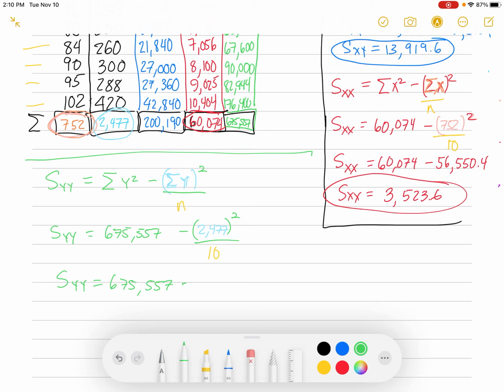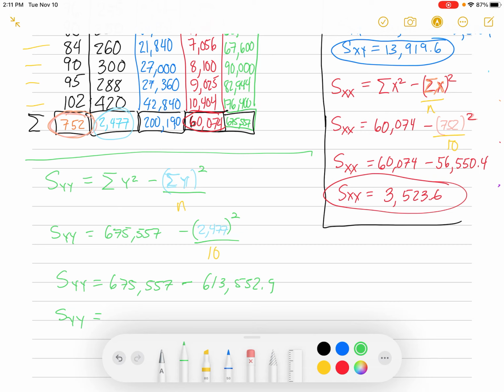Golly, my calculator's messing up on me. And divide that by 10. So I'm going to get 613,552.9.